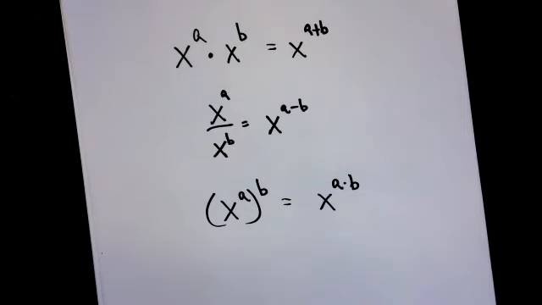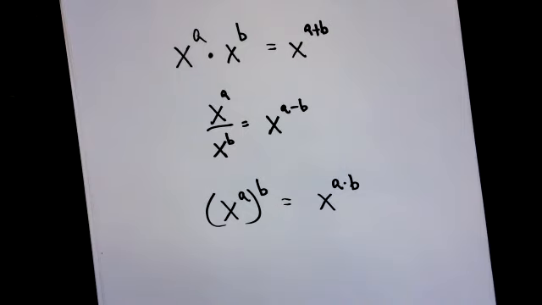So if they give you something like x cubed y squared to the 1/4 power over x to the -5 y to the -1 to the -1/2 power, we need to be able to simplify this.